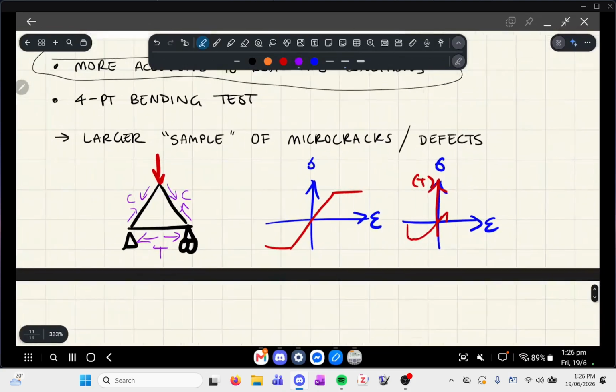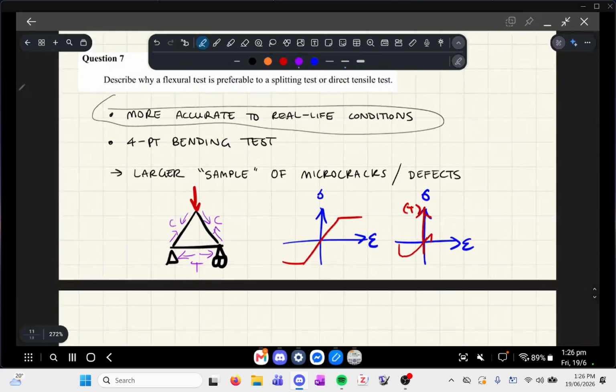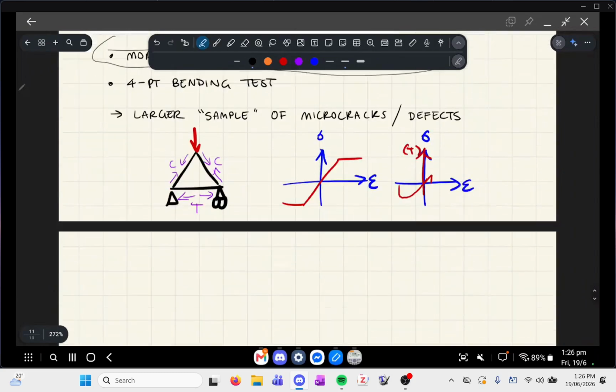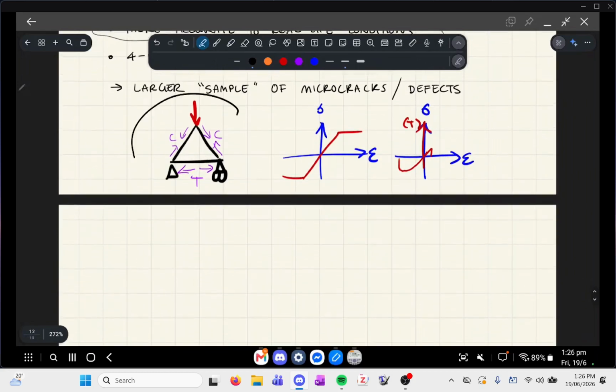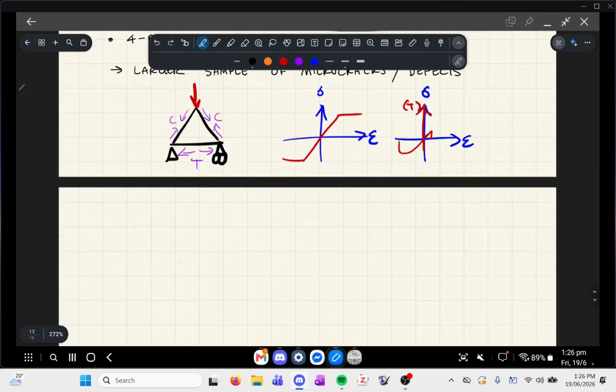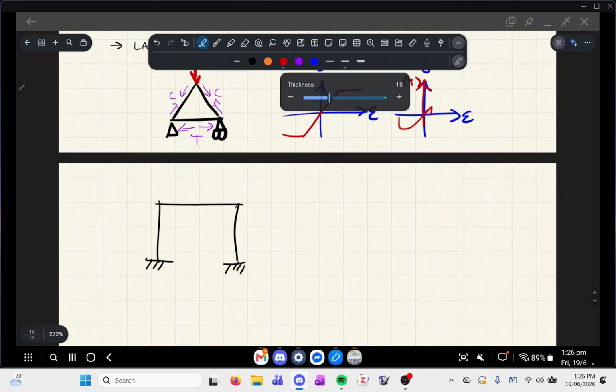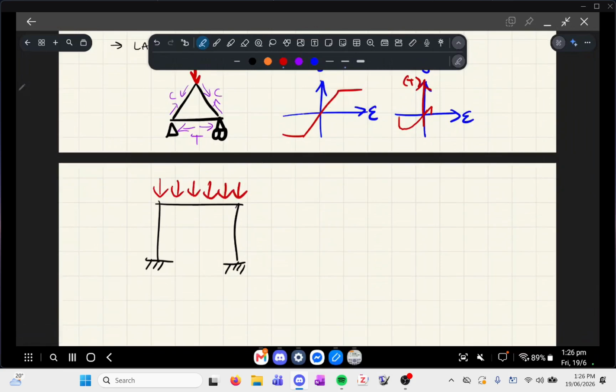But the point is, where you generally use concrete is not so much for trusses, more so for things like beams and columns, okay? So if instead of a truss structure, we have a frame, and this frame is taking a uniformly distributed load, you've got these members acting as beams, and you've got these members acting as columns.